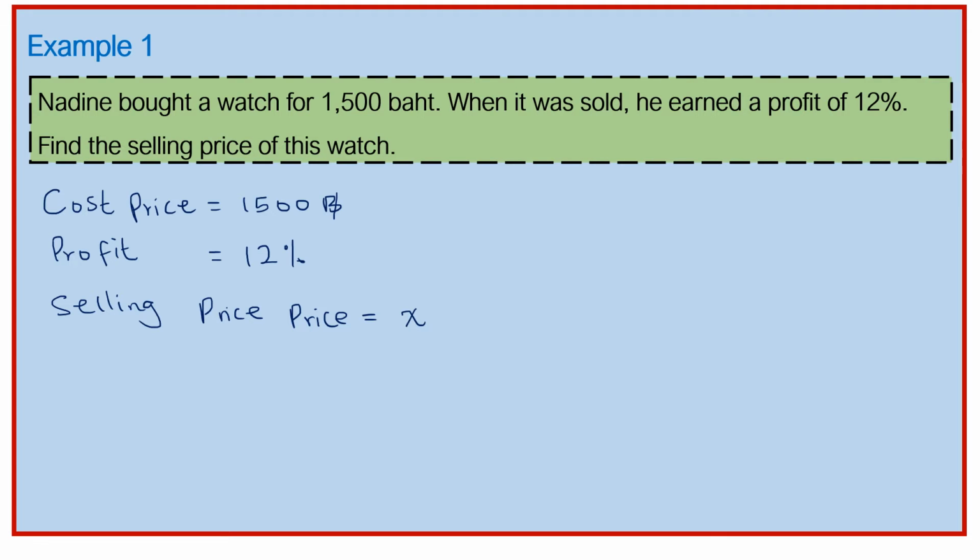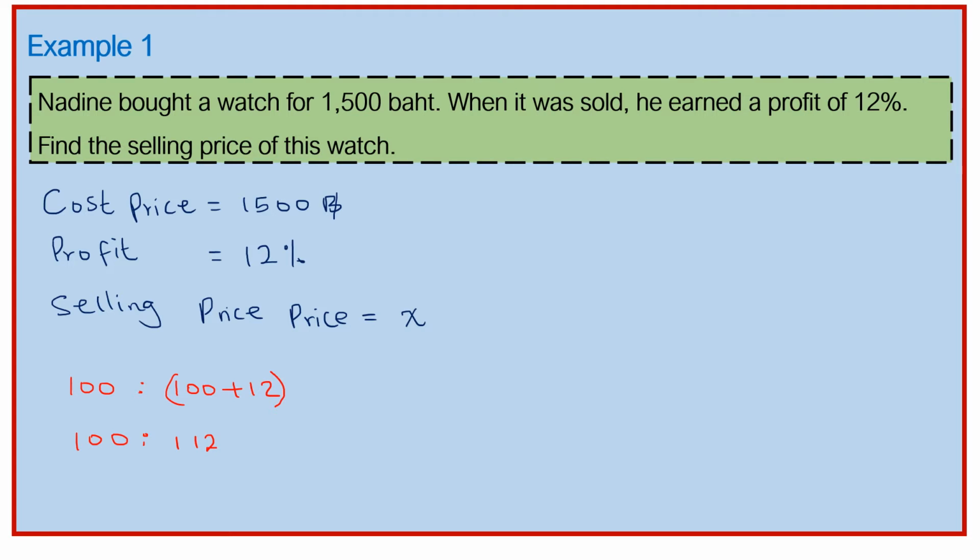Now we can say that when the cost price is 100 baht, the selling price is 100 baht plus 12. Okay, such that we are getting 100 to 112.